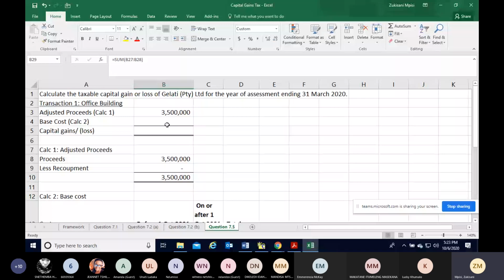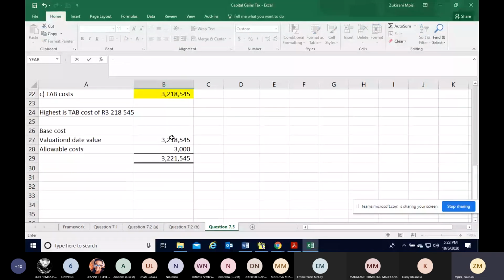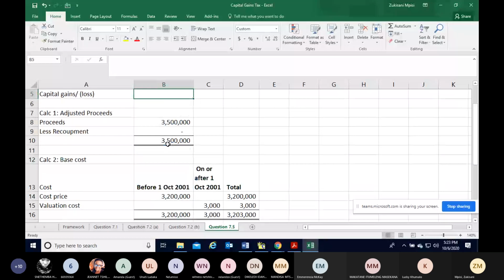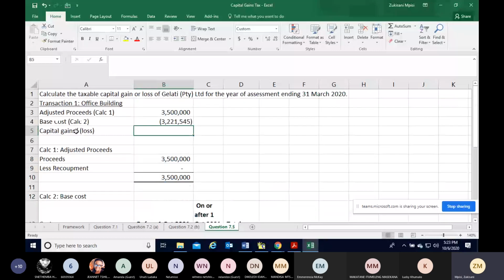So we say, therefore, our base cost is 3,221,545, and then we have a capital gain of 278,455.